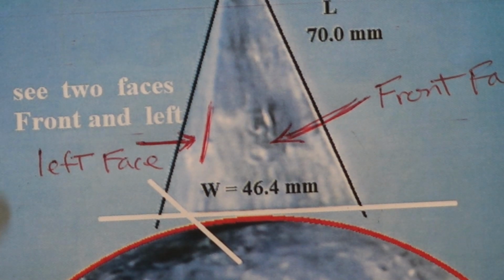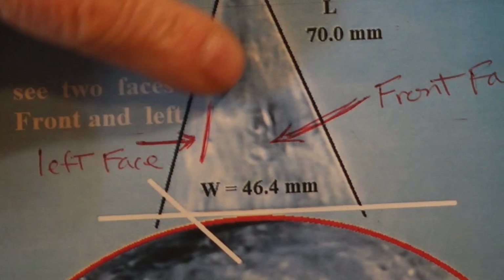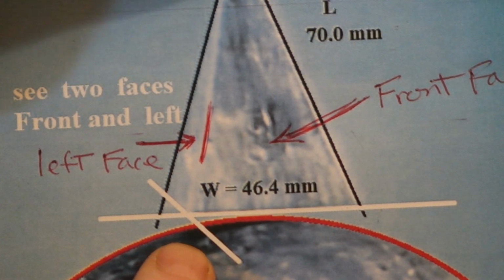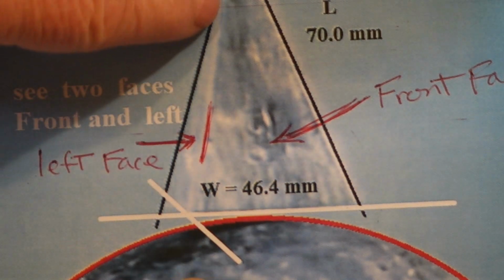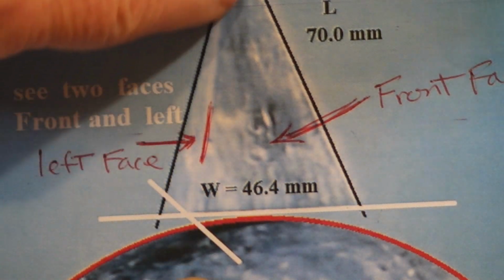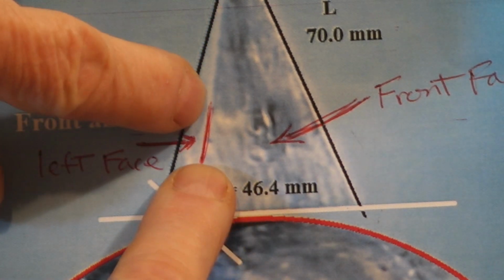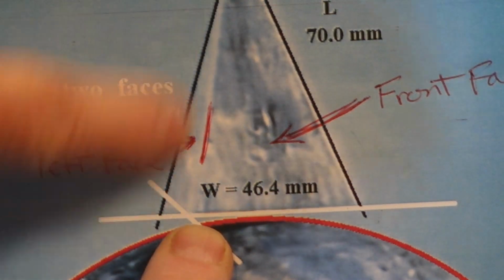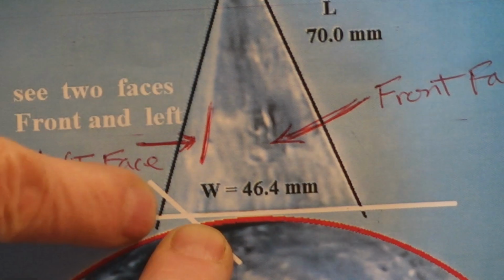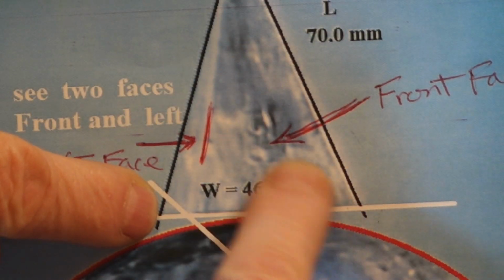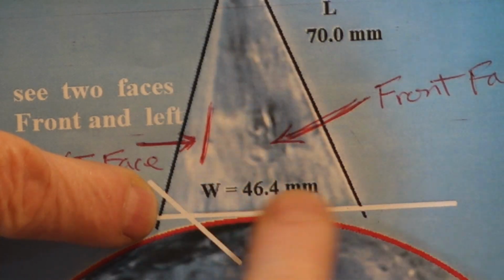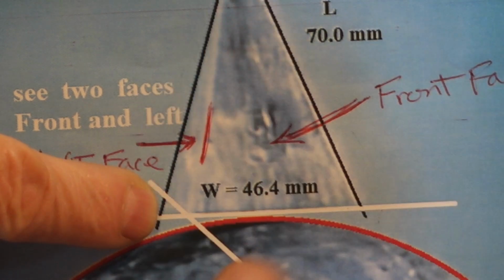I'm now going to show you why I believe the base to be square rather than triangular. If we look at this shot of the pyramid, we see that there's a vertex line between two faces right here where I have the red line drawn. So we have a little bit of left face here and almost a direct frontal face showing in this area.